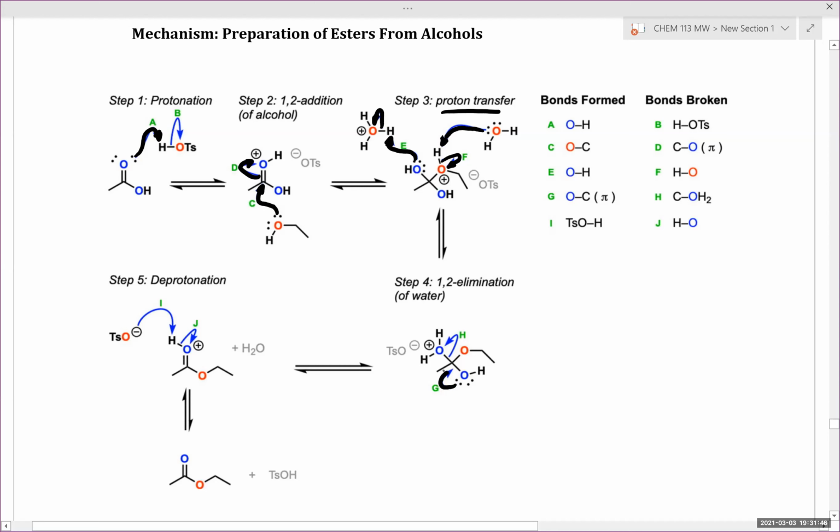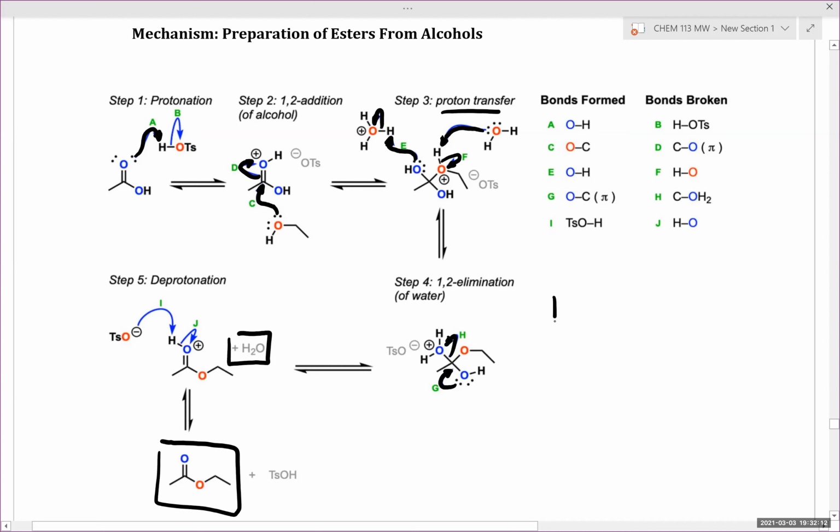So when we kick down and collapse our tetrahedral intermediate, we can kick out a great leaving group in the form of water. Finally, as our last cleanup step, we deprotonate our carbonyl oxygen, and that gives us our neutral product after trans-esterification.